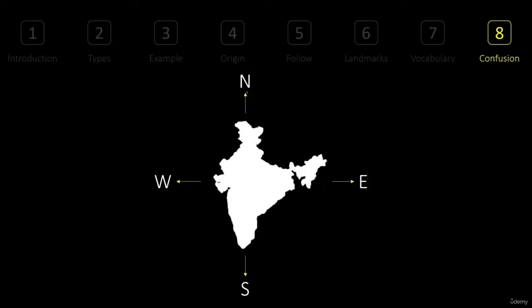If north is here, automatically on the right it's east, and on this side is west. So if north is here, east is here, west is here, south is here. You must know your country as well. Keep your country's map in your mind and you will never make a mistake with west or east. Right now, stand where you're standing and visualize your country's map. Where you're standing, just find one direction. The rest is going to get easier for you. Good. So that is how we're going to do it.